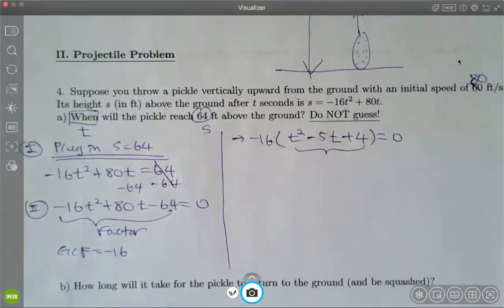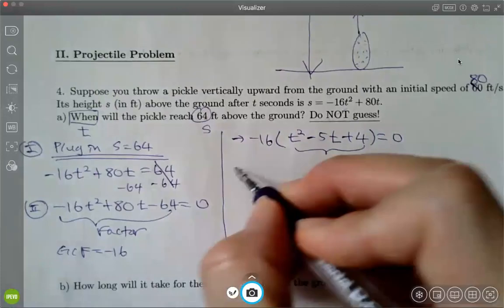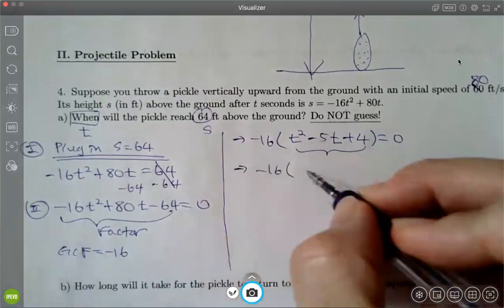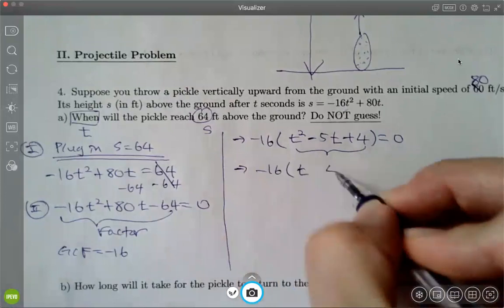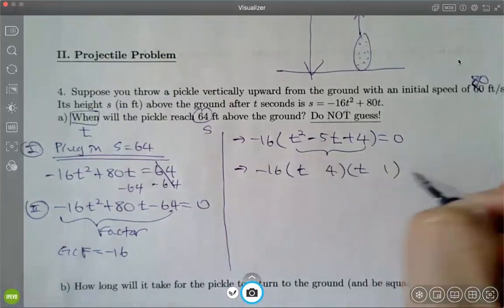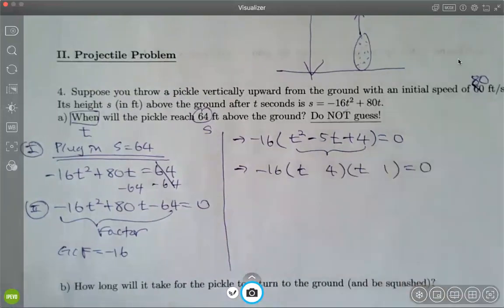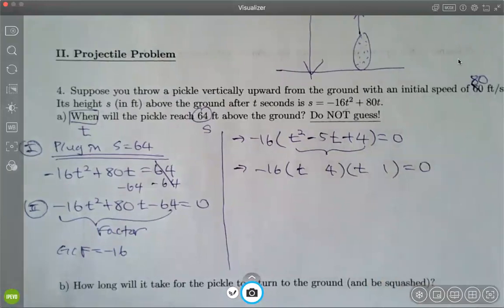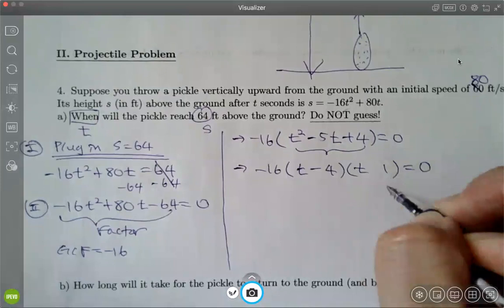What are the two numbers? Four and 1. Does it have negative sign? Yes. Where? Inside it'd be t minus 4 and then t minus 1. Right, to both, right? Yes.